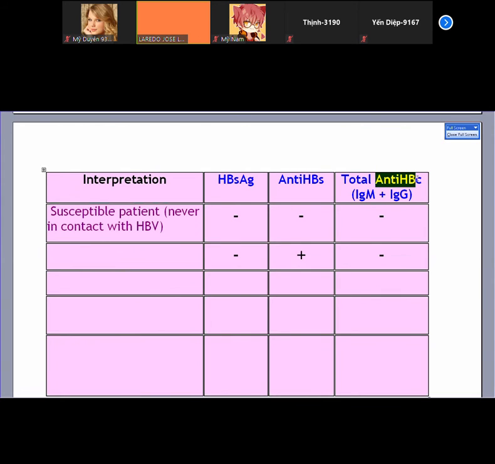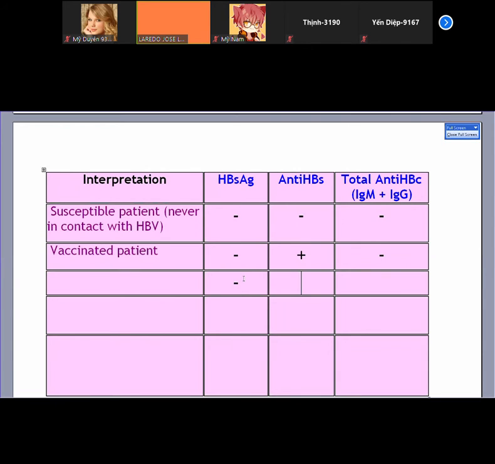This marker, antibodies against the capsid, is the marker of contact with the virus. Because this marker is negative, this patient has never been in contact with the virus. Only antibodies against the surface antigen. So this is a vaccinated patient. This patient has been vaccinated, but has never been in contact with the virus.